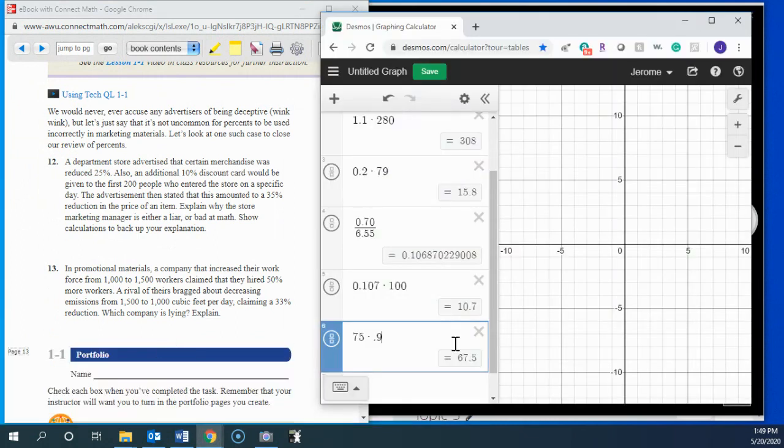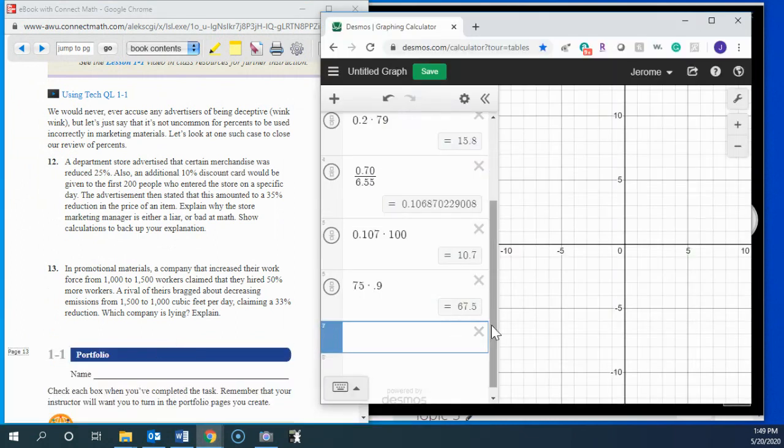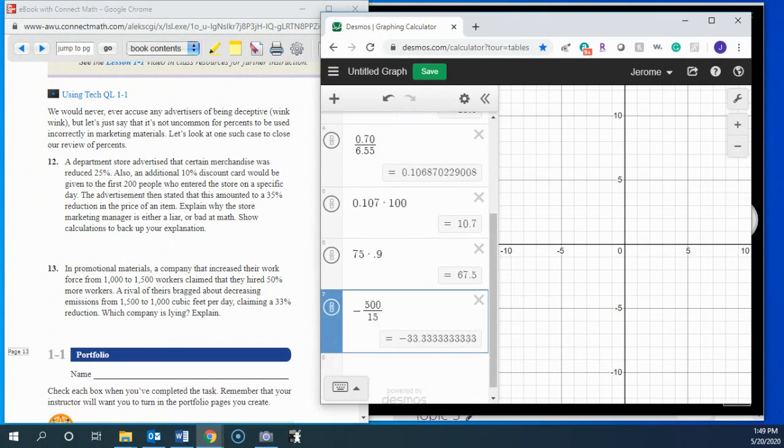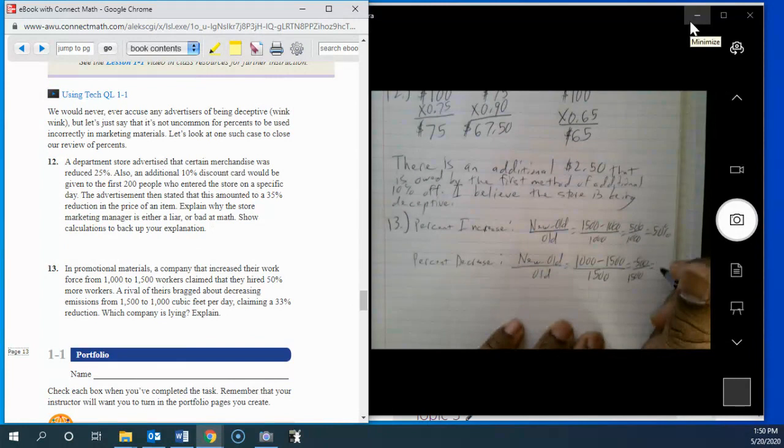All right, so if I took a negative 500 divided by 1,500, you notice it gives us a negative 0 point and repeating threes. So what I'm going to do is assume that we're supposed to round to the nearest whole percent. So this would be a negative 33%.